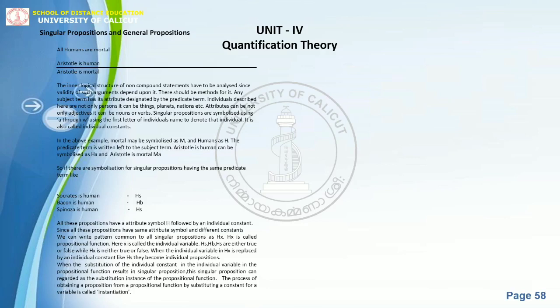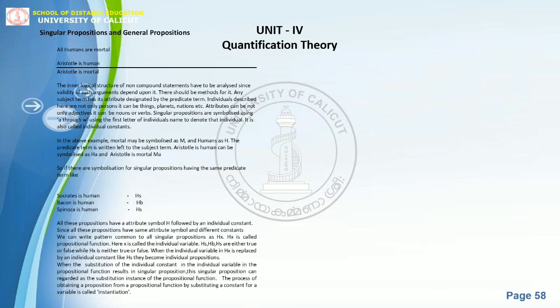All these propositions have attribute symbol H followed by an individual constant. And we can write a pattern common to all singular propositions, which is known as Hx.